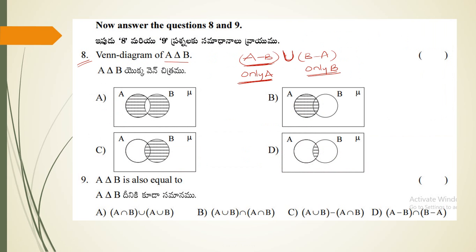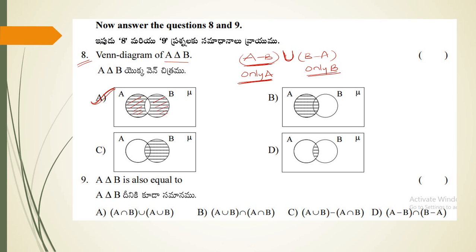Only A means it should not have any intersection part. So only A means this part, and only B means this part. This is the common part, so we should not consider this common part. So the Venn diagram for this question is this one.